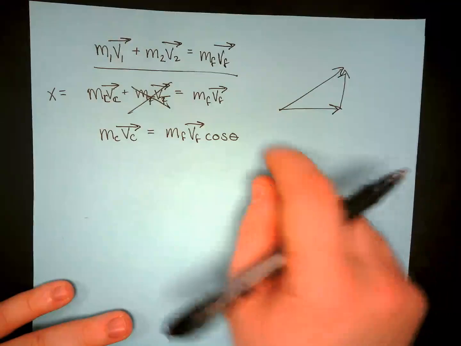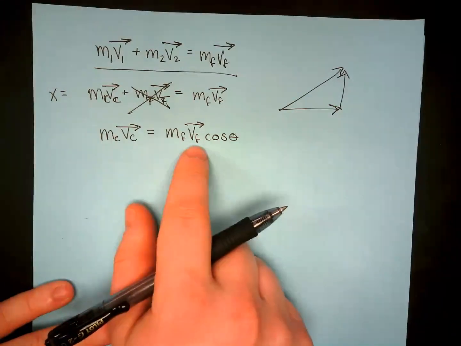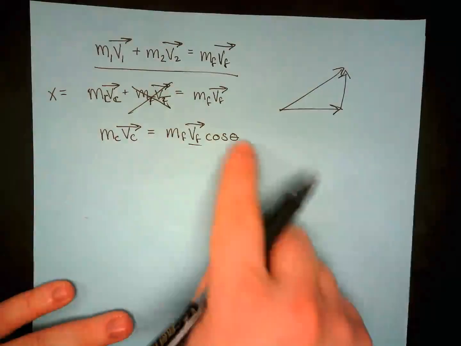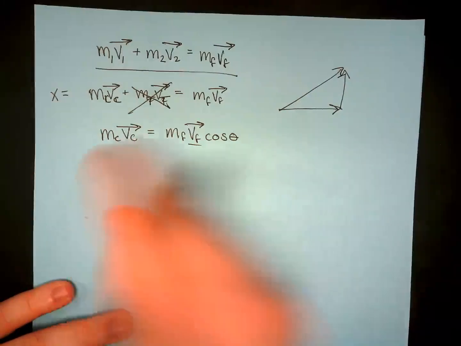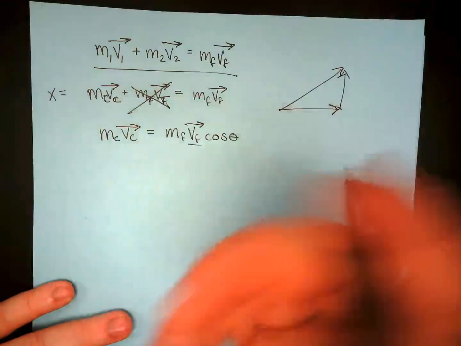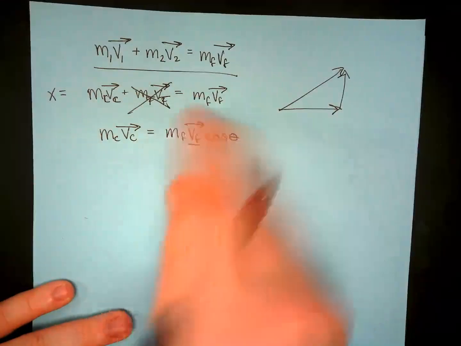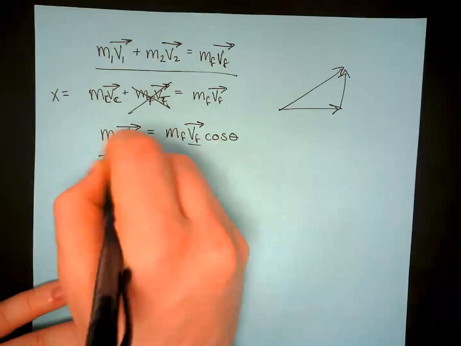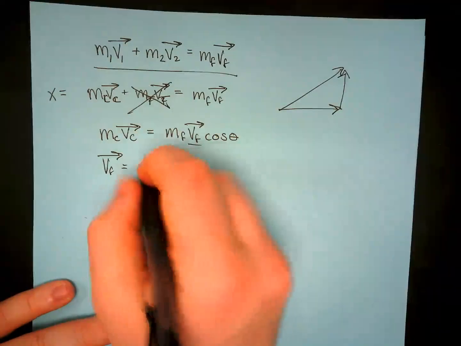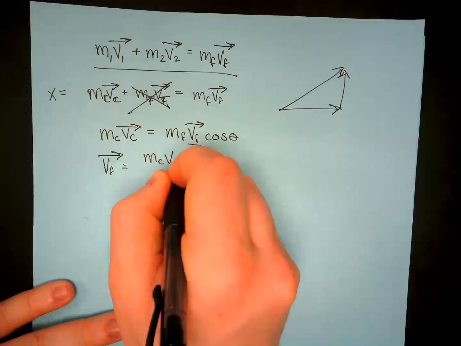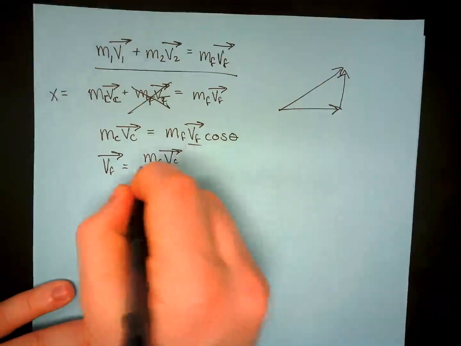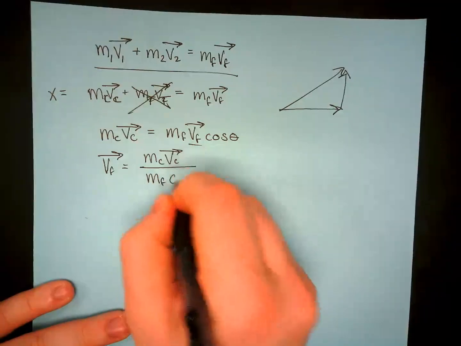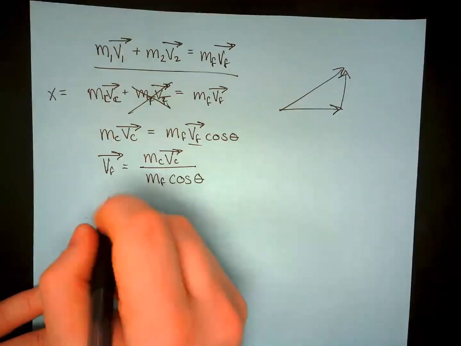Okay. And what we can do here is then we can solve for this guy because we don't know what that guy is. We've got this, we've got this, we've got these over here. Okay, so let's just solve for vf. So easy peasy, all we got to do is move these two over. So it'll be the final velocity is equal to the initial velocity of our car divided by the final mass times the cosine of theta.